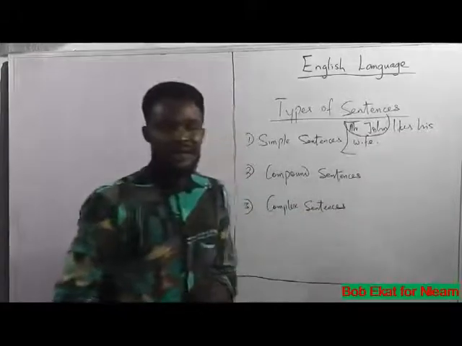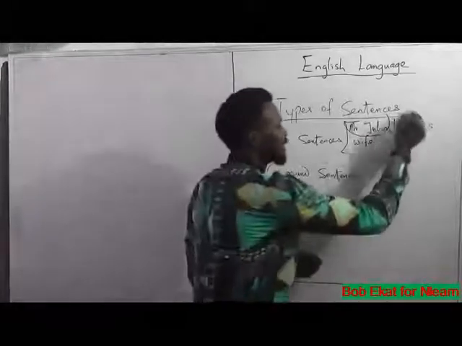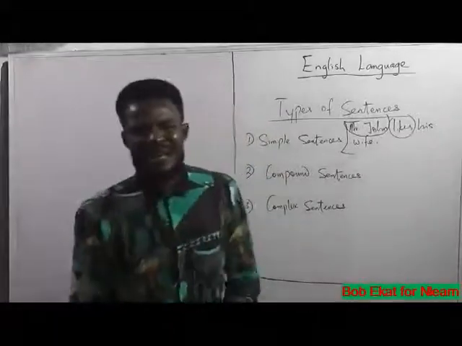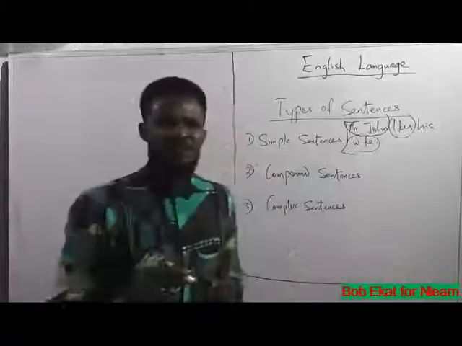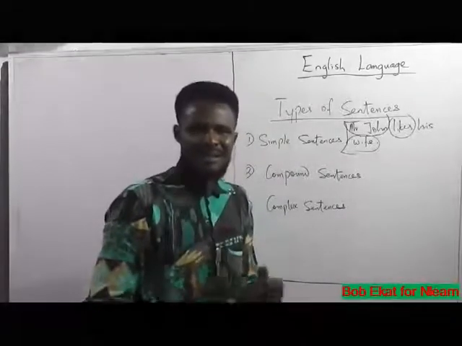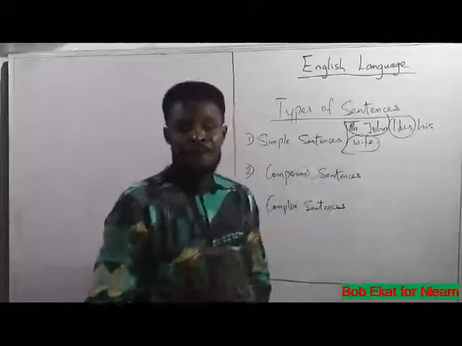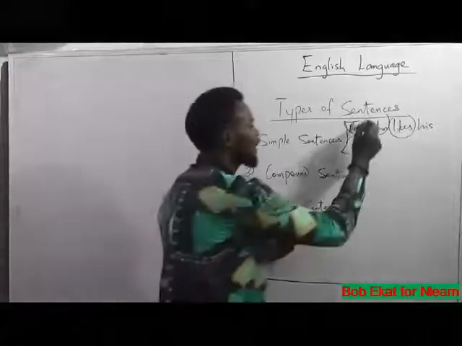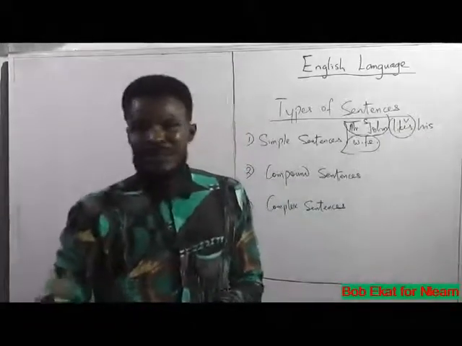It also has a predicate or a verb, which is likes. And you may also say it has an object, which is the wife. But basically, it doesn't even need to have an object. As long as a sentence has a subject and a verb, it qualifies as a simple sentence.